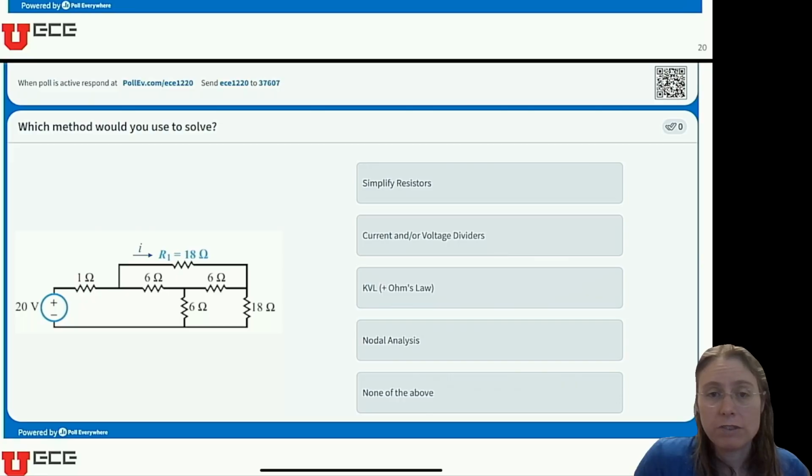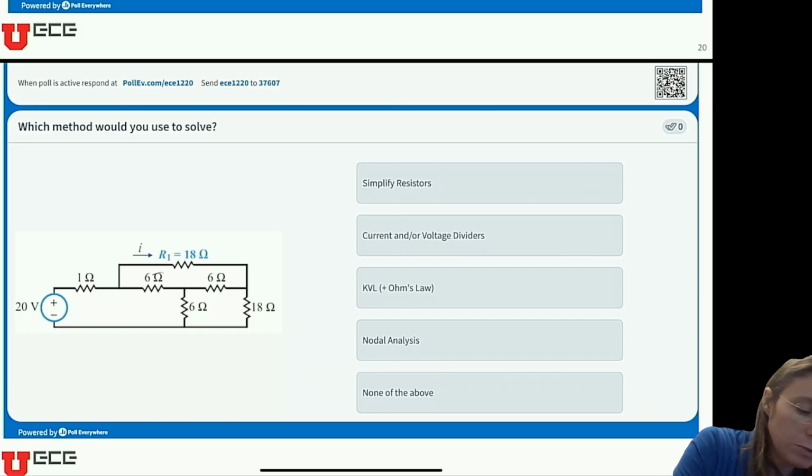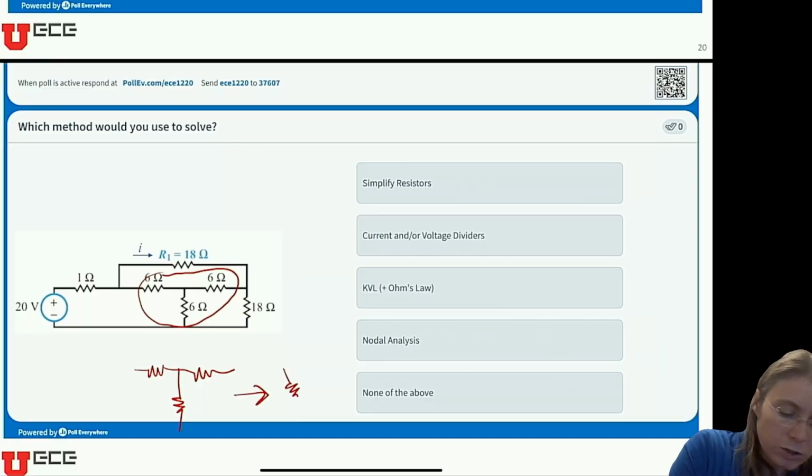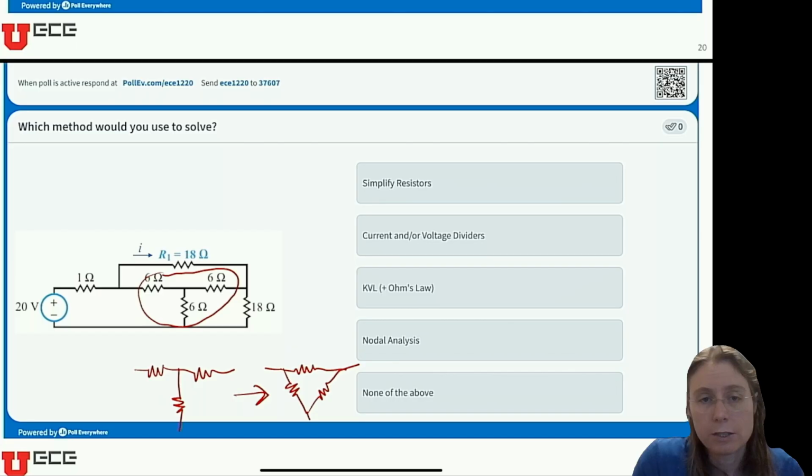So I had mentioned briefly once in class that there's these things called Y delta transformations, where you could take a constellation of resistors like this and turn it into a triangle instead. And if we did that, then we would start being able to have resistors in series and parallel.